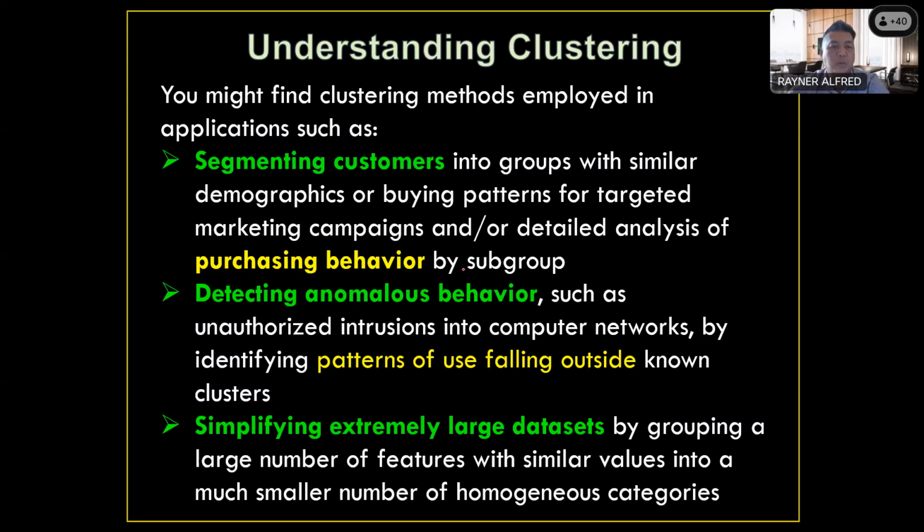So we can use this to detect abnormal behavior. And the last one is we can use them to simplify our large data set. So instead of having multiple features or multiple columns, we can use one column, which is the cluster ID, to represent all the features that we have.